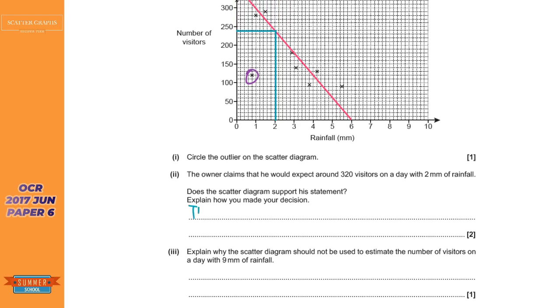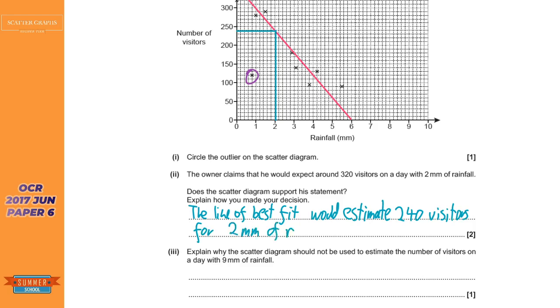So the line of best fit would estimate 240 visitors for 2 millimeters of rainfall.